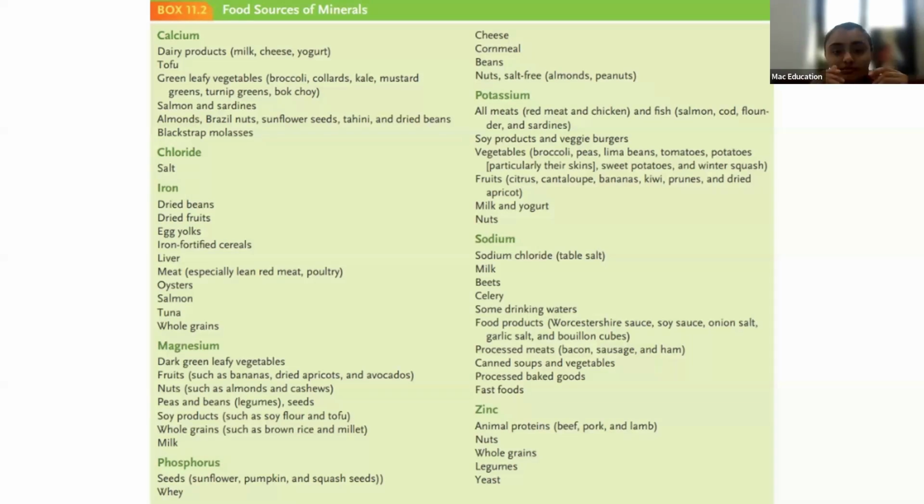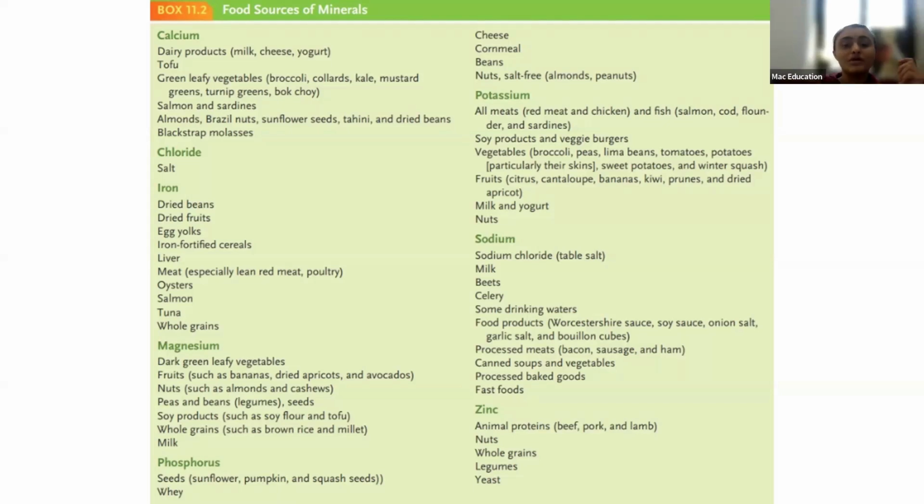They are rich source of potassium. Not, we can say not rich source, but through that we can obtain the potassium. Sweet potatoes and winter squash, fruits like citrus, cantaloupe, banana, kiwi, prunes, and dried apricot, milk and yogurt and nuts. These are the sources of potassium.